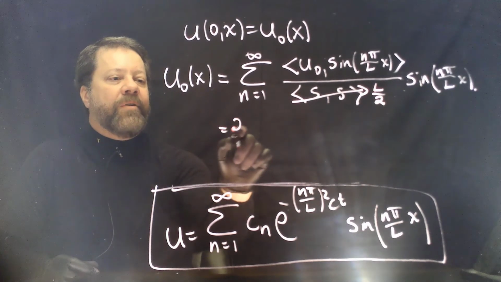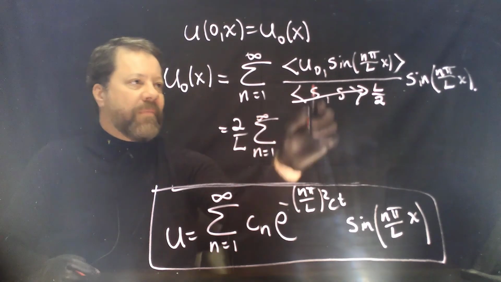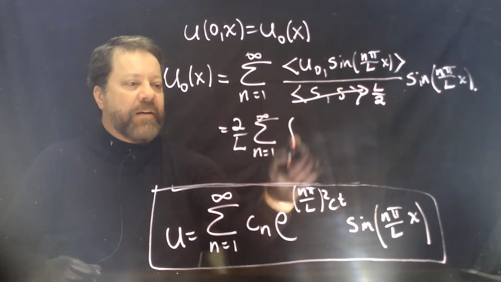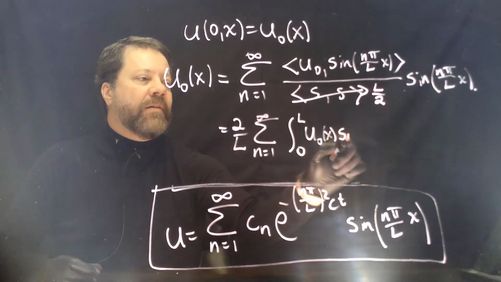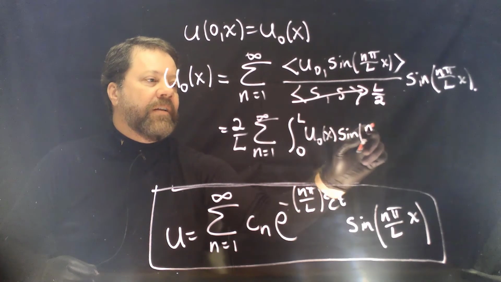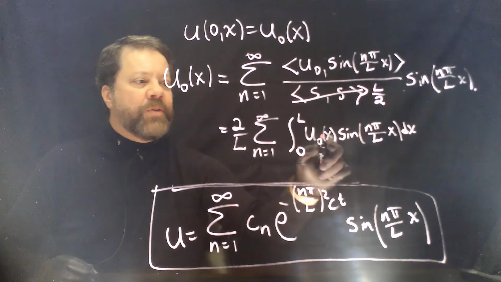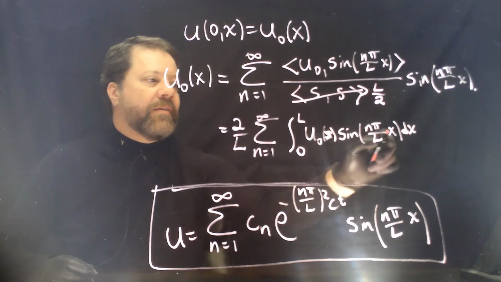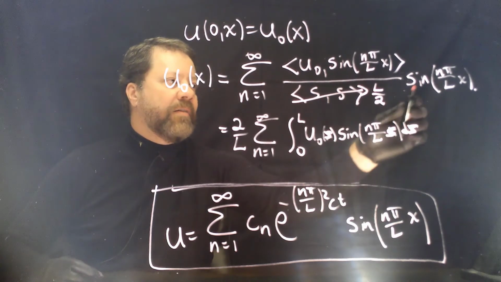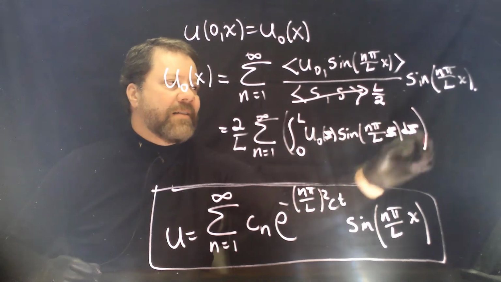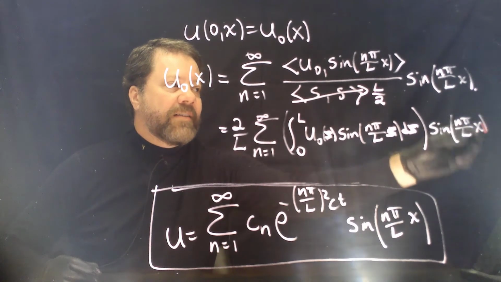So we'll end up with 2 over L times the sum, as n goes from 1 to infinity, of the integral from 0 to L of u naught of x sine of n pi over L x dx. We should perhaps use a different variable here, s, and then multiply those constants times the sine of n pi over L x.